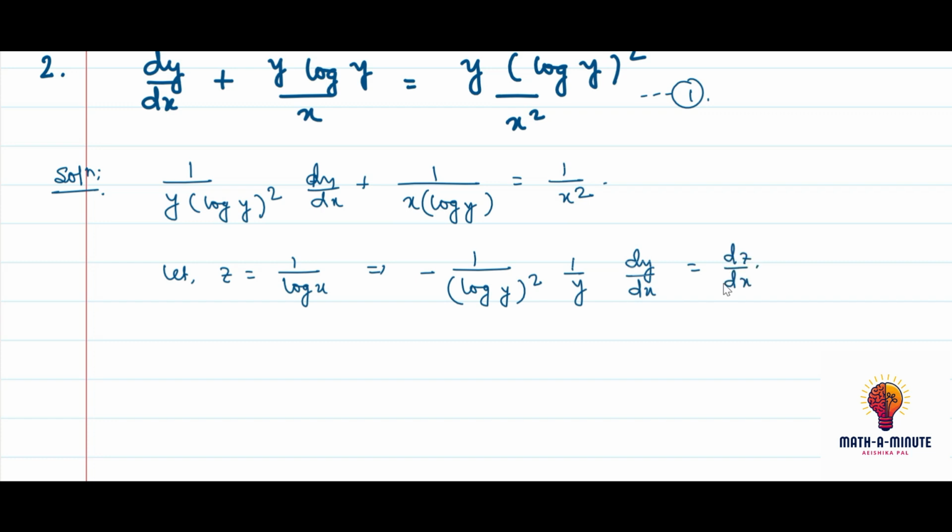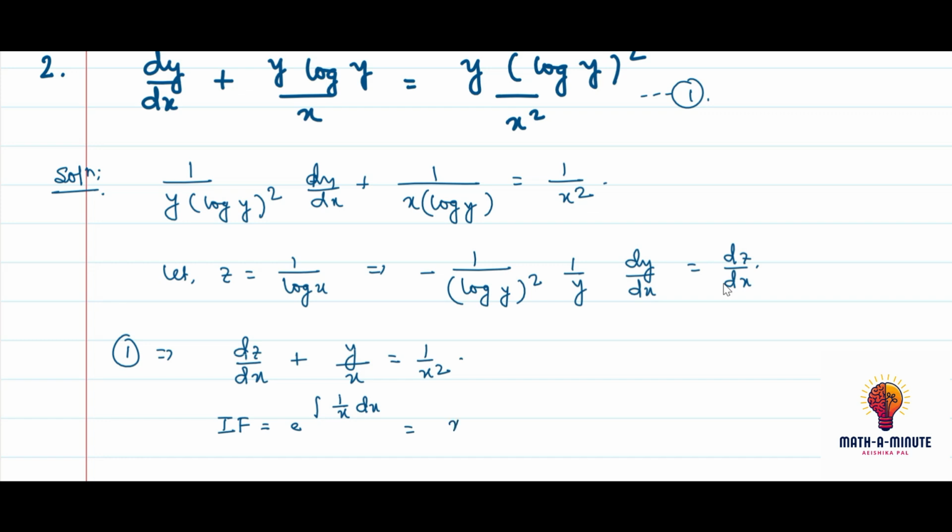Okay. So therefore, the given differential equation will be dz/dx plus z by x equals to 1 by x square. Now it's very easy to understand that the integrating factor will be e to the power integration 1 by x dx, which is equals to x.